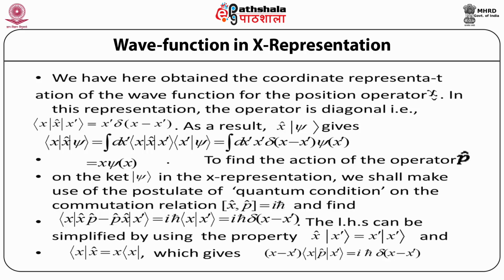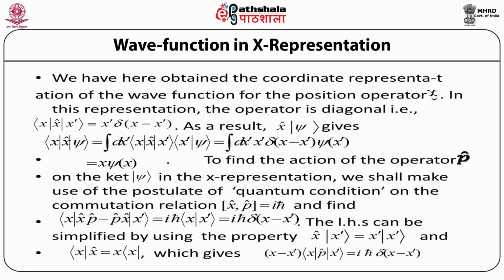To find the action of the operator p on the ket vector psi, that is the state vector psi, in the x representation, we shall make use of the postulate of quantum condition on the commutation relation. The commutation relation of operator x and operator p is equal to i h cross, where h cross is equal to h by 2 pi and h is the Planck's constant.